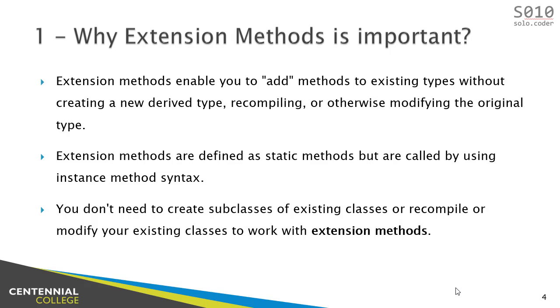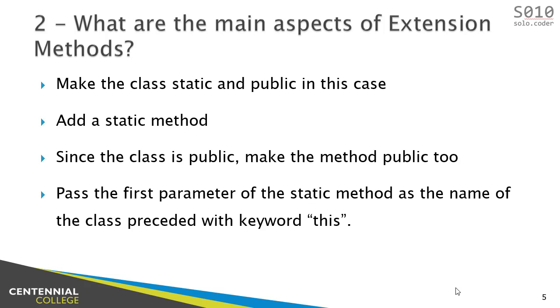And now we will explain how to use extension methods. What are the main aspects of extension methods? Make the class static and public. In this case, add a static method, and since the class is public, make the method public. Pass the first parameter of the static method as the name of the class preceded with the keyword this.